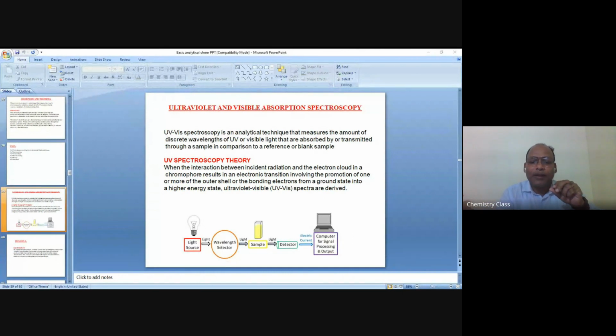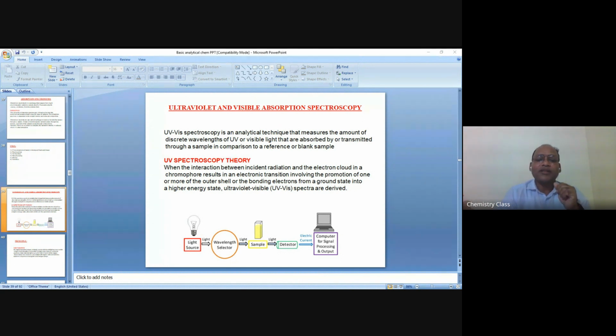Then that will be detected. Suppose the wavelength is 10 to the power minus 14 nanometer going in, and after passing that light through the sample we got 10 to the power 16 nanometer wavelength. So the discrete amount will be calculated by this ultraviolet or visible absorption spectrometry method.